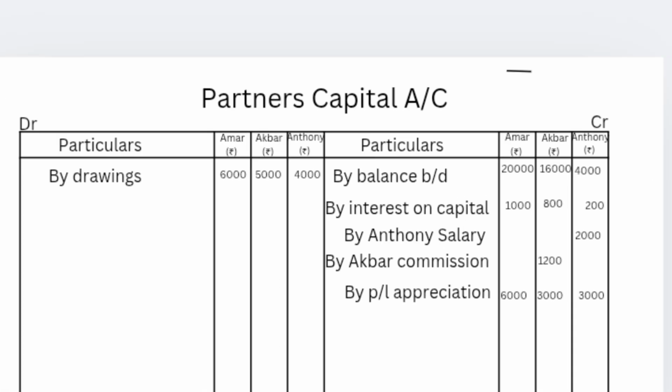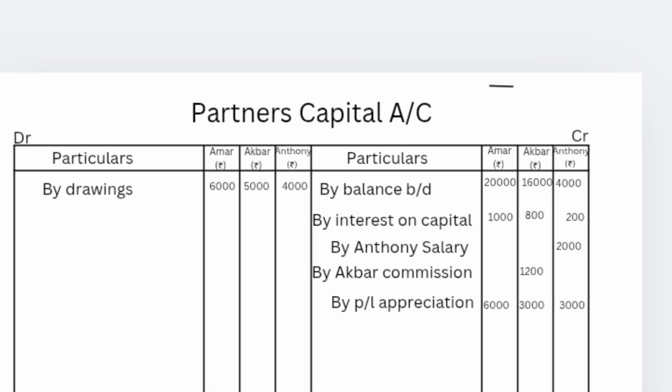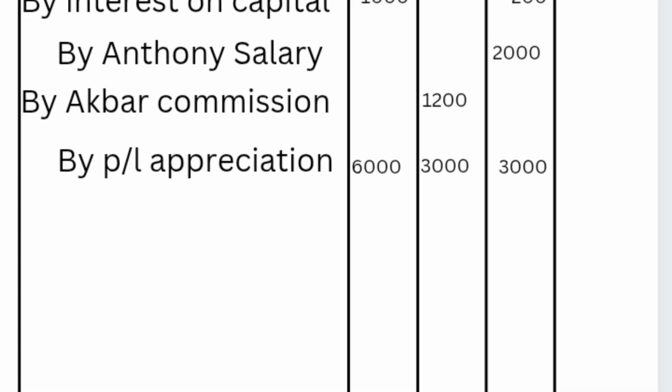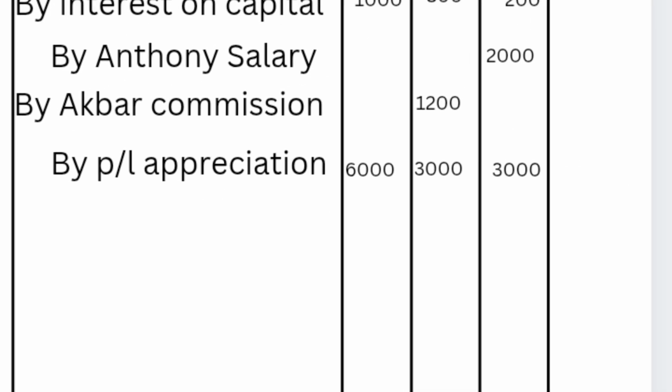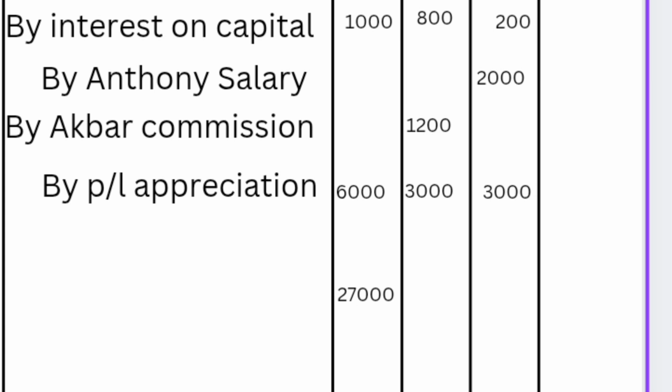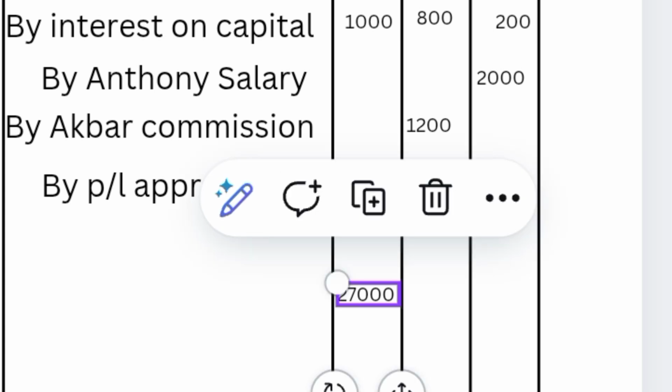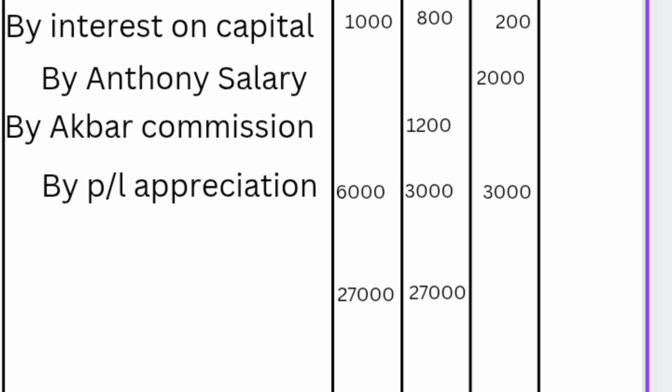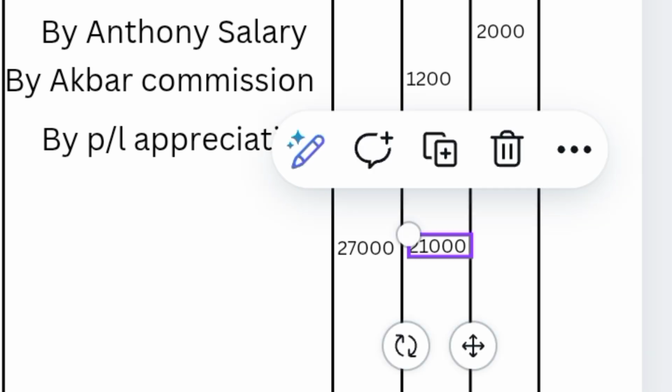We have to add all the amounts from the credit side. So if we add the amounts, for Amar we get 27,000, for Akbar we get 21,000, and for Anthony we get 9,200.